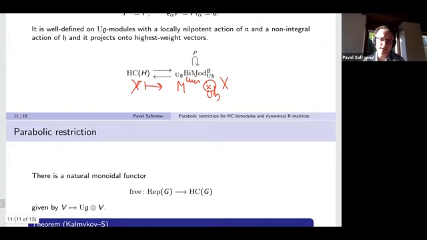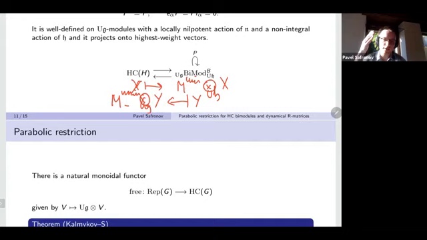And then you can also write an inverse functor, which is you take a bimodule Y, and then you send it to the universal Verma module for the opposite Borel. Then you get a UH bimodule.